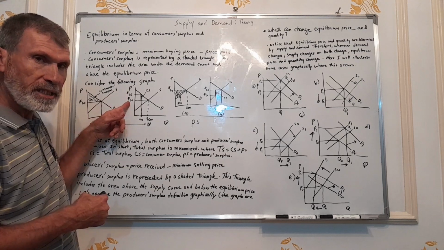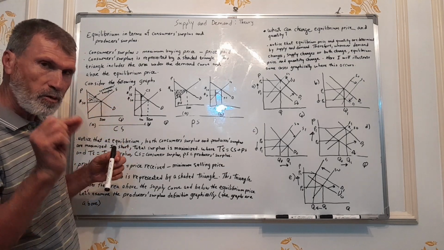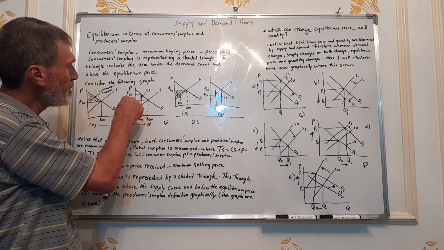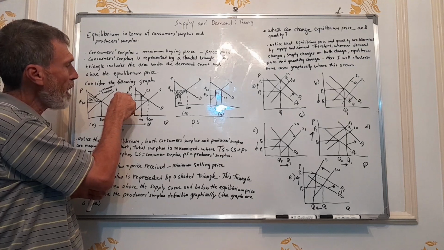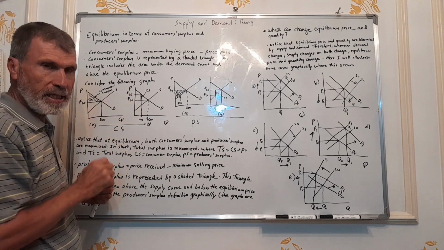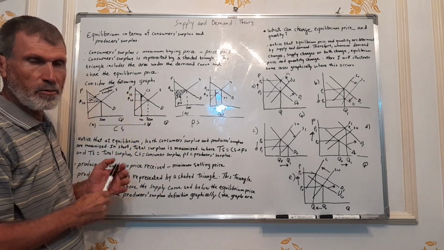However, in actuality, he only pays $10. Therefore, the consumer surplus is the difference between the maximum buying price and the price actually paid, which is 15 minus 10, which is $5.